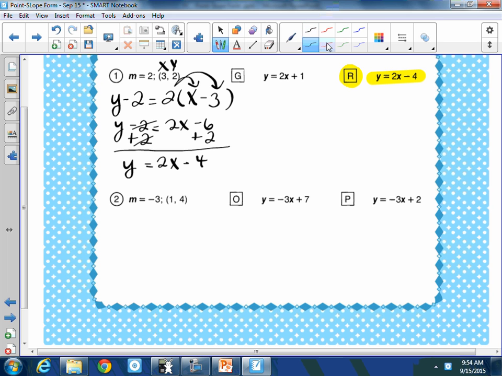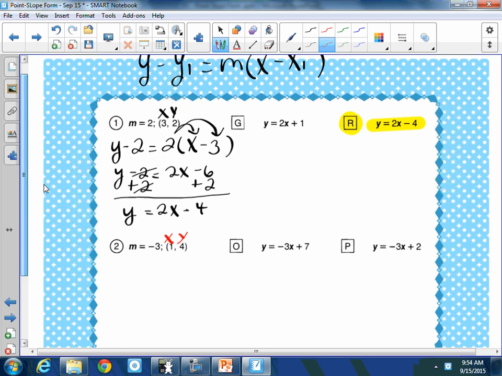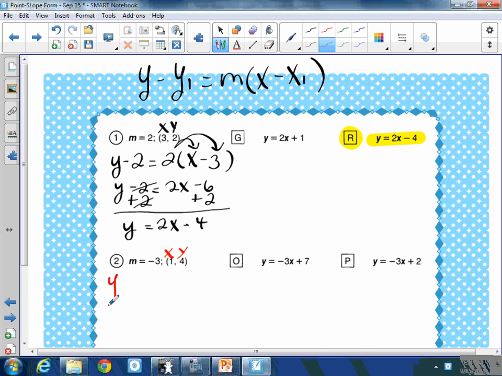This would be, I'm going to do this one in red. This one would be my x, and that would be my y. So the equation, I'm going to bring it up so that I can see, would be y minus my y1, which is 4, and that equals my slope, which is negative 3, and then x minus my x1, which would be from the point that I have, which is 1, okay?